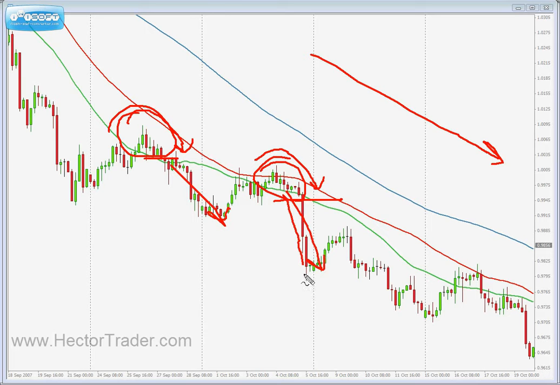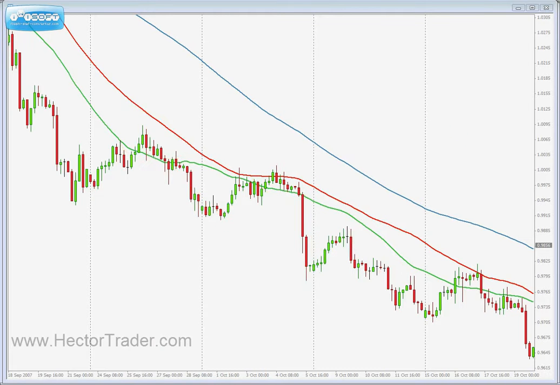For example, here we got a pullback, but we didn't reach the dynamic area of resistance, did we? Patience is important when it comes to trading, guys. You're not supposed to trade every single setup you see in front of your charts. You've got to wait until all the right conditions actually apply.